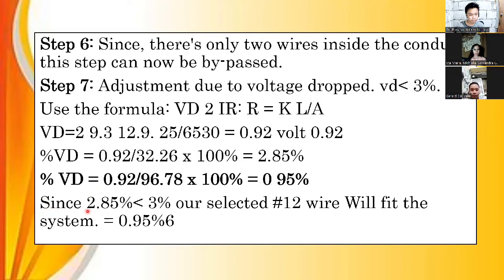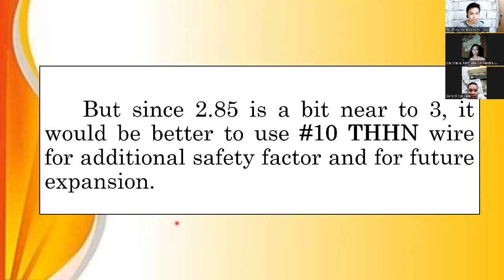Then since 2.85% is less than 3%, our selected number 12 wire will fit the system, with 0.95% in the other case.